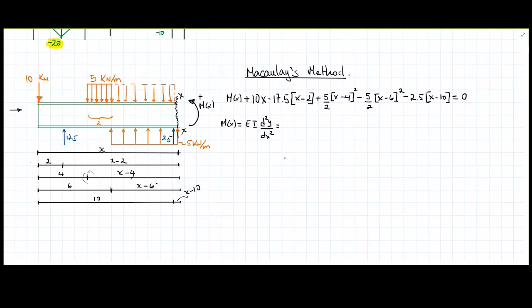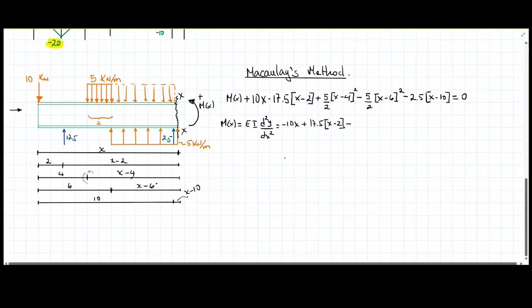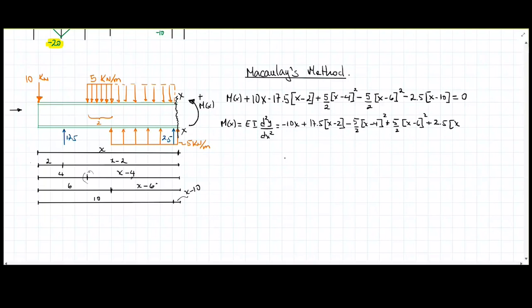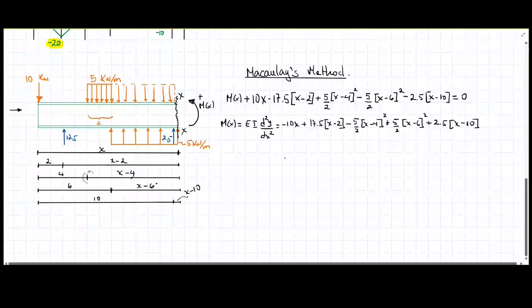Here, it would be minus 10x plus 17.5 x minus 2, minus 5 divided by 2 times x minus 4 squared, plus 5 divided by 2 times x minus 6 squared, plus 2.5 x minus 10. Right. Then we have the first equation.